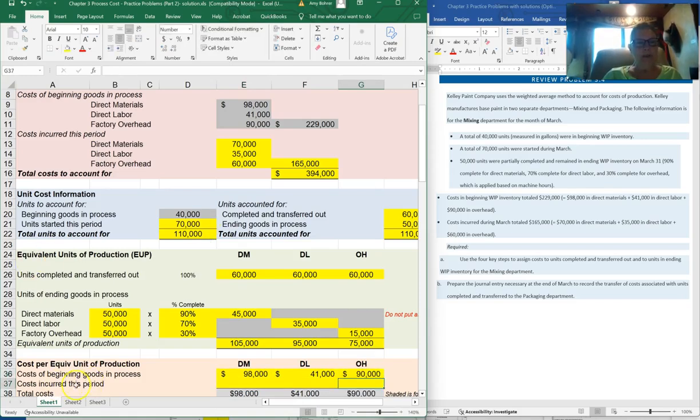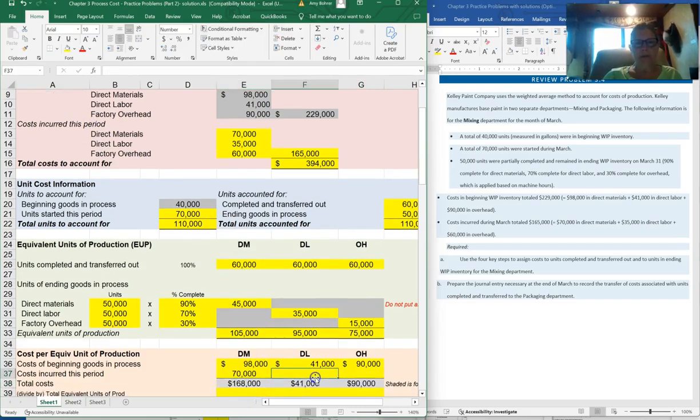And then it wants us to put in the costs incurred during the period for these three items. It tells us right there. So 70,000 for direct materials, 35,000 for direct labor, and 60,000 for overhead. Okay? So all we're doing is taking the numbers we already got from the problem and putting them down here.